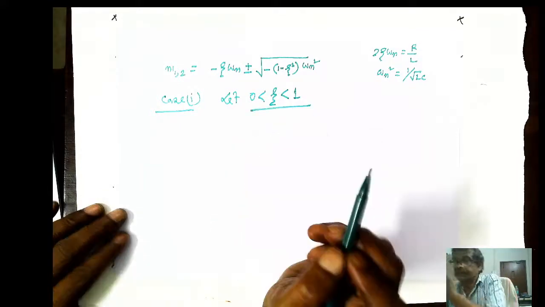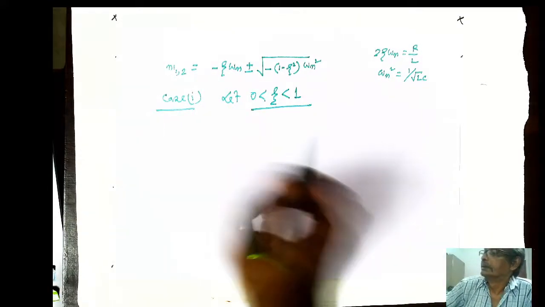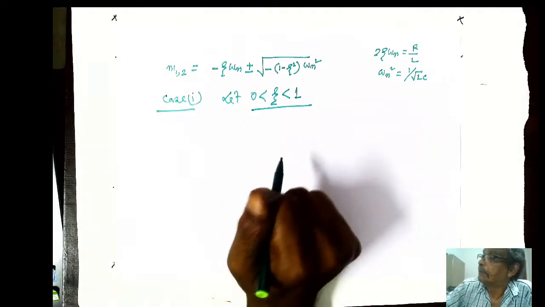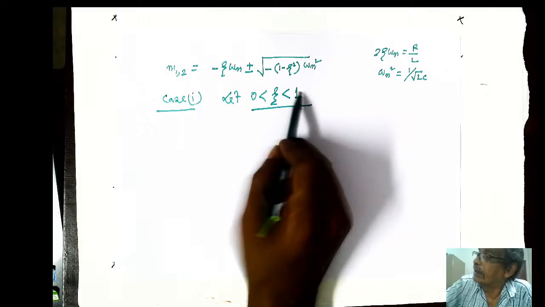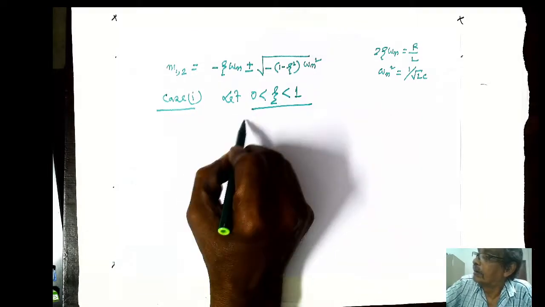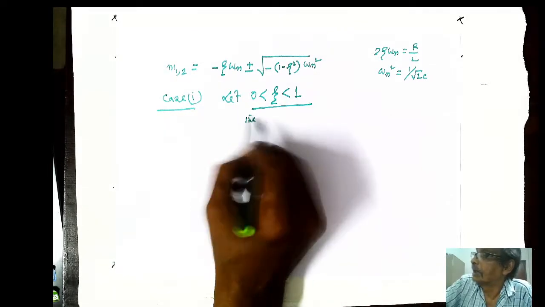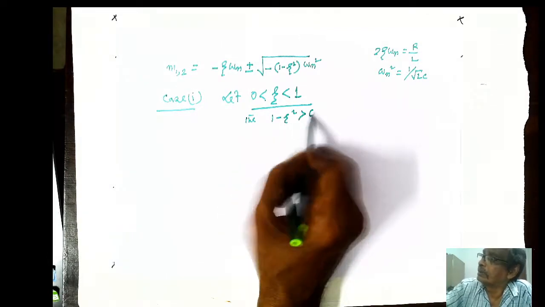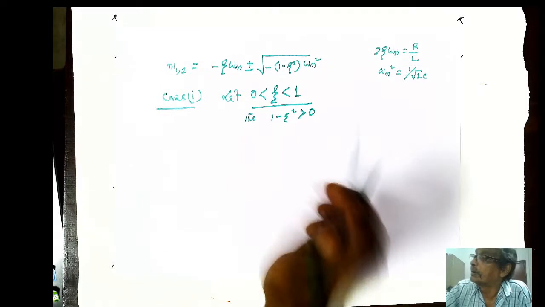In this zone zeta exists. Then 1 minus zeta square will be greater than 0. Obviously, it is a number less than 1, so it will be always a positive number.